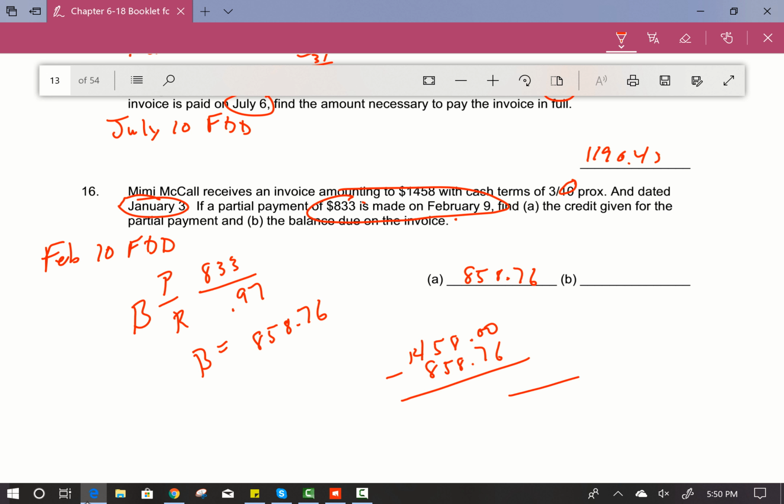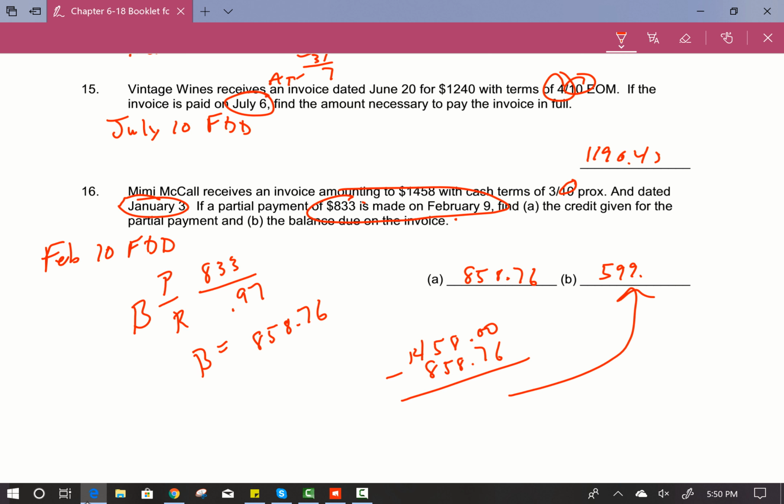And then this will be the amount outstanding on that company's invoice, $6.00. This is the amount that's outstanding that does not receive any type of discount.